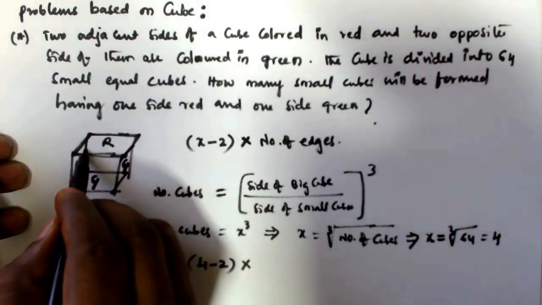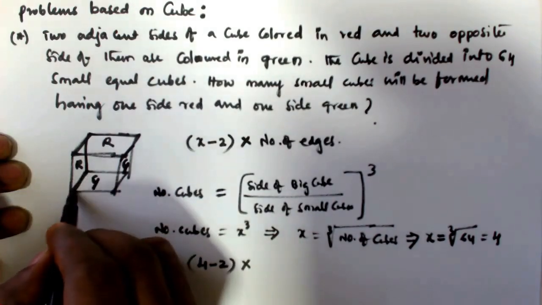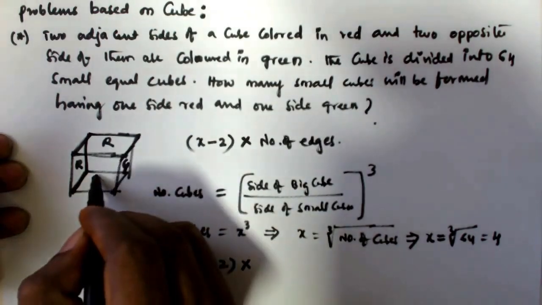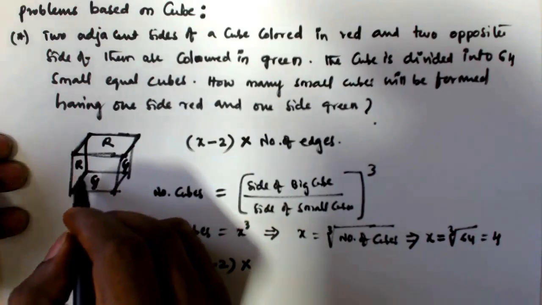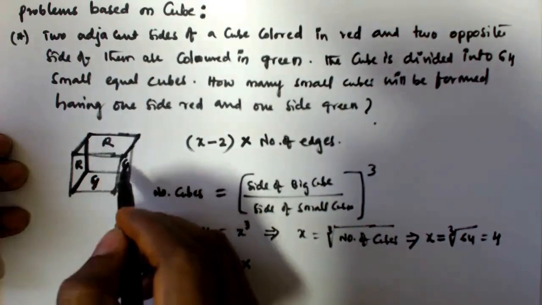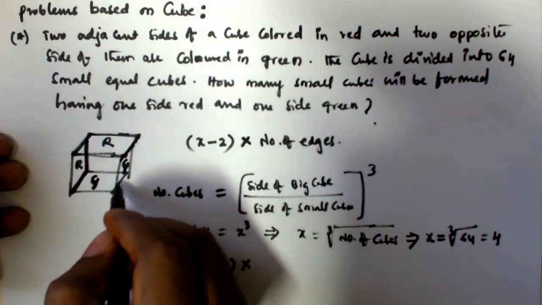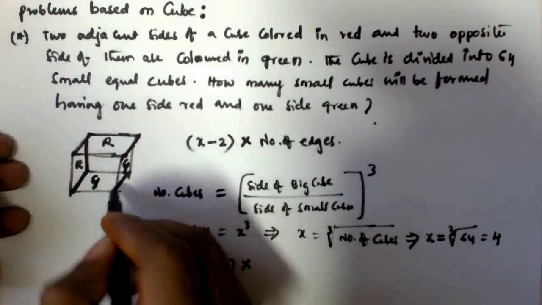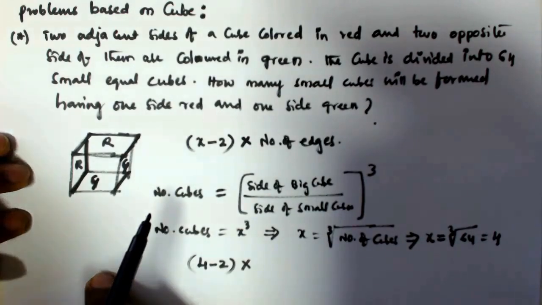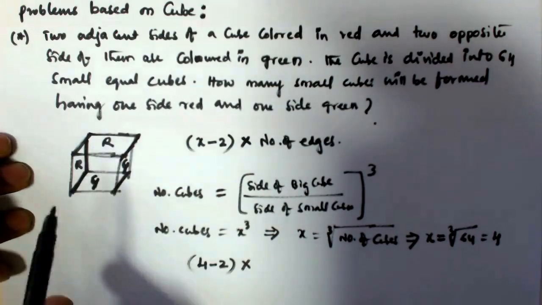If you take the red, here red and yellow are combining using this edge, and this red and green are combining using this one, and this red is combining using this edge, and then this red and green are combined using this one, and this green and this green are combined using this edge. So that means only four edges are participating in these two colors.